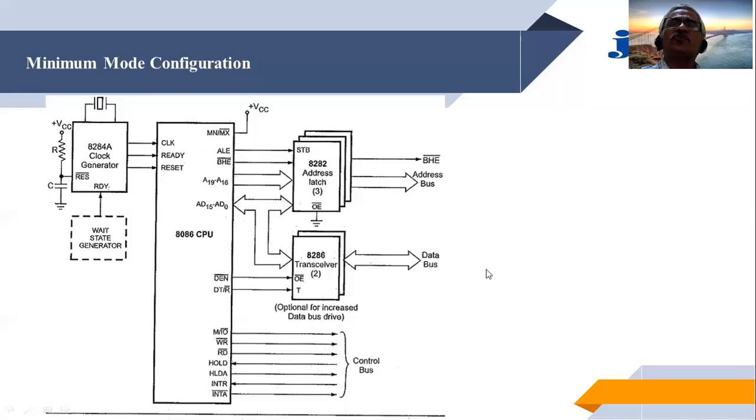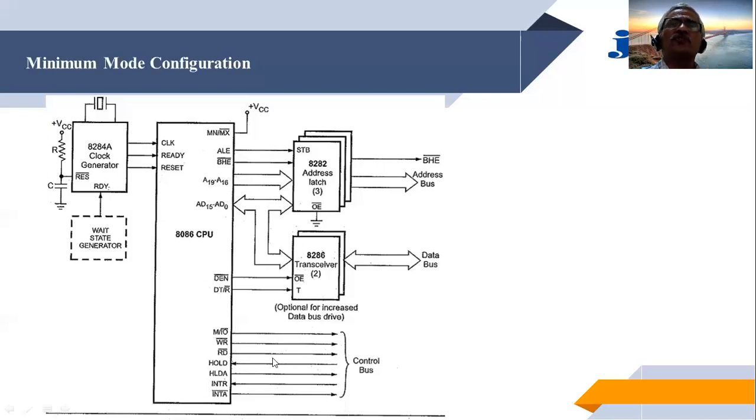In addition to this basic configuration, we can also connect a memory, or even something like a DMA controller, which provides the flexibility so that the IOs and the memory can interact directly with each other.